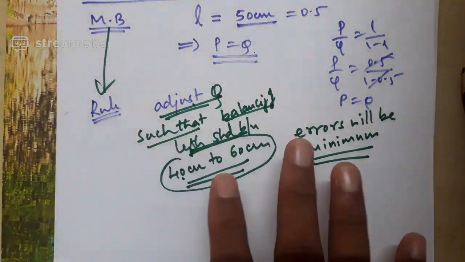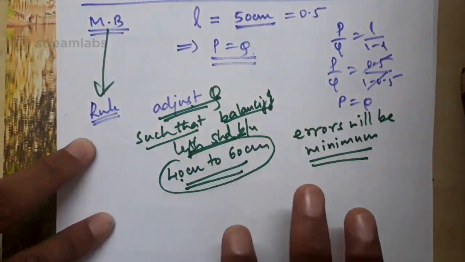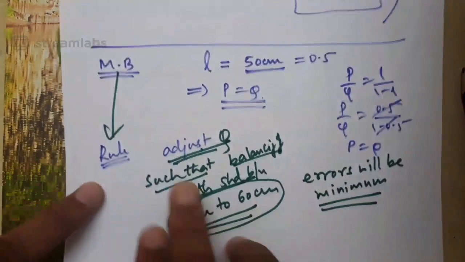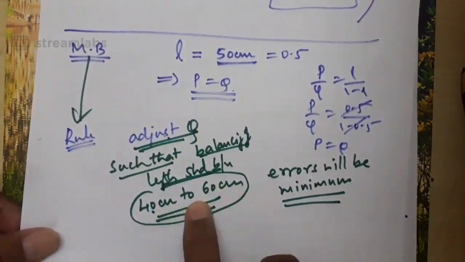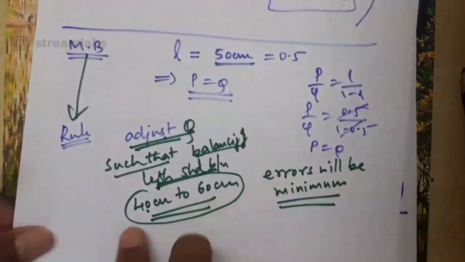Listen to this carefully, the last point. When you perform an experiment with the meter bridge, we follow one condition. The intention behind this is, if you get a balancing length within this range, the errors will be minimum.